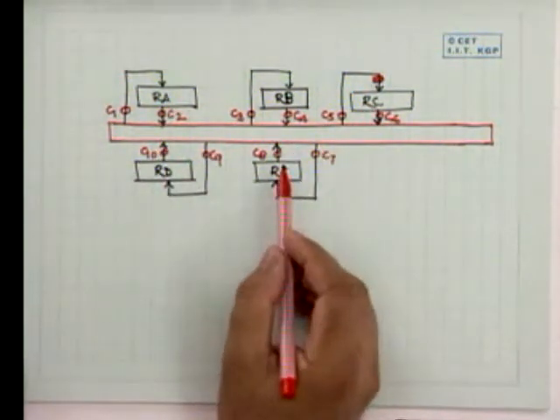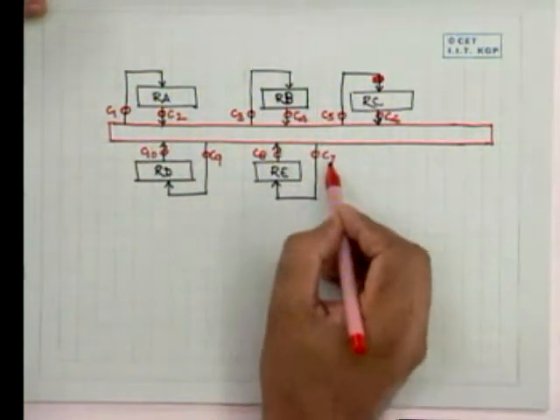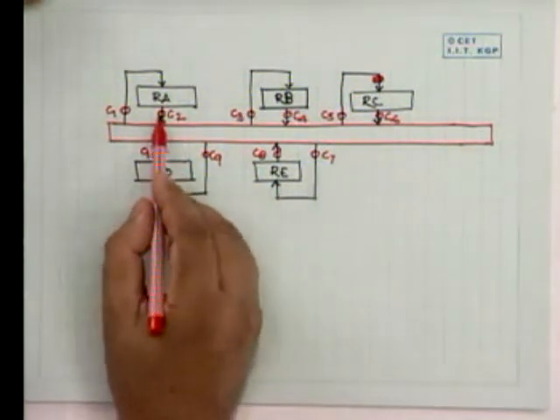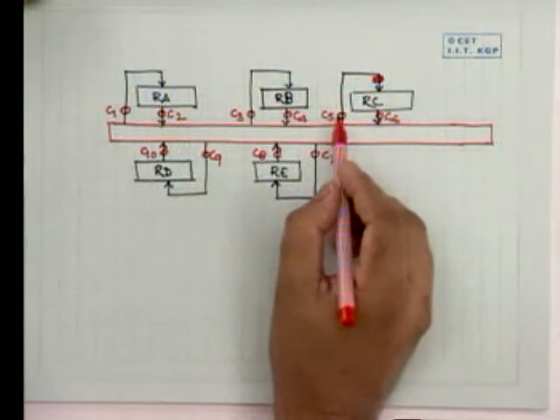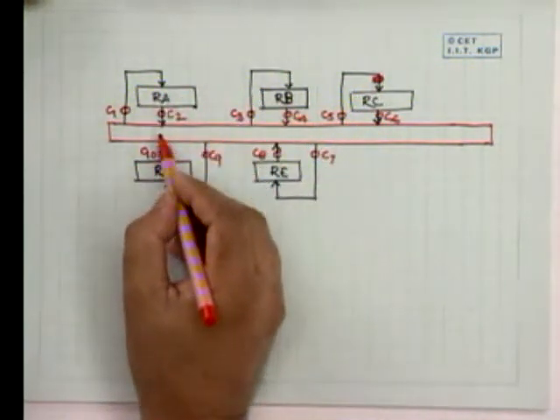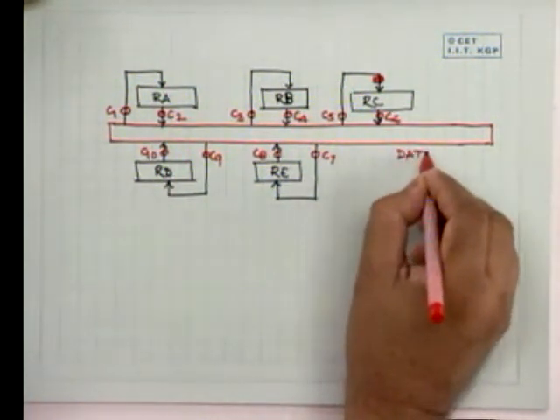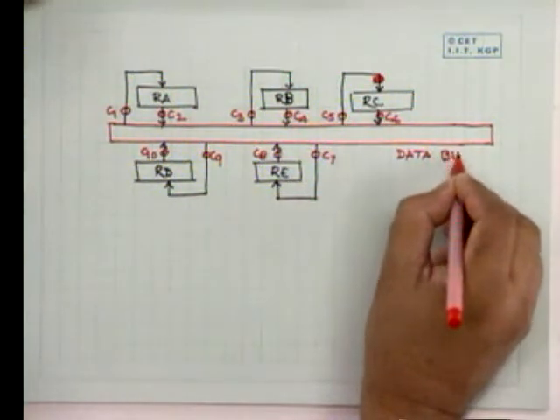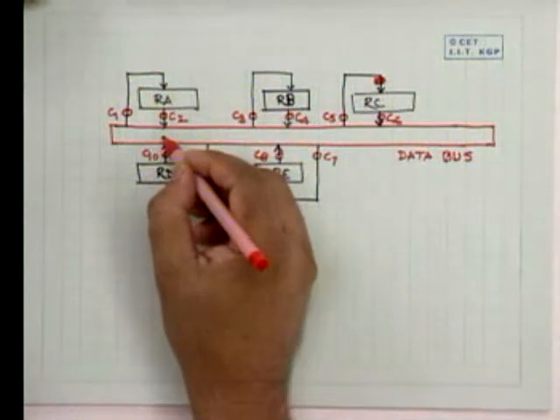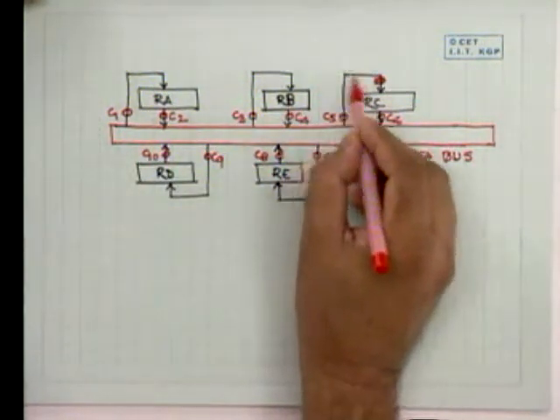Then what we'll have to do is open C2 and open C5. The rest remain closed. That means make the control points C2 and C5 equal to 1. Then RA will be gated into the data bus.